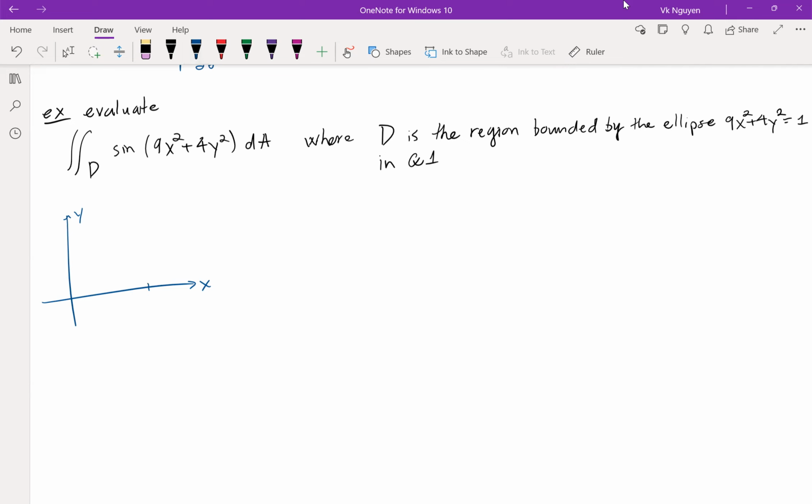Oh, 1/2 is bigger than 1/3. So that you guys get a visual of the region D.